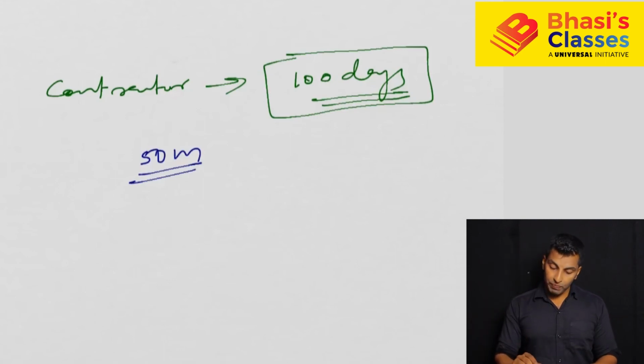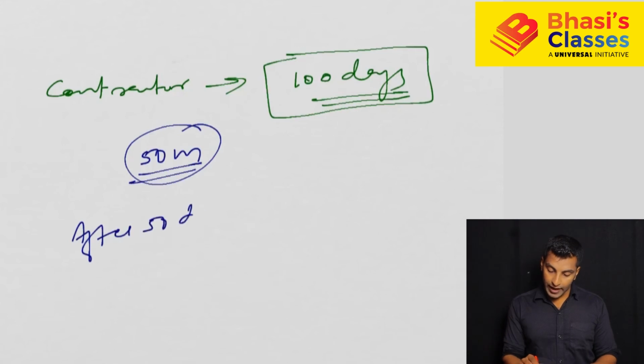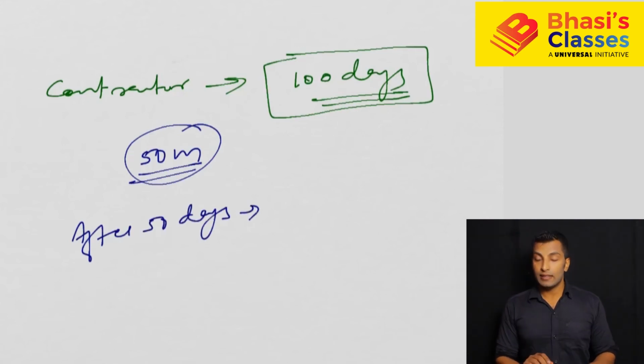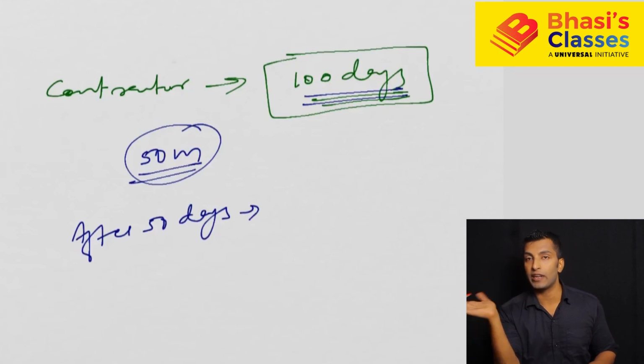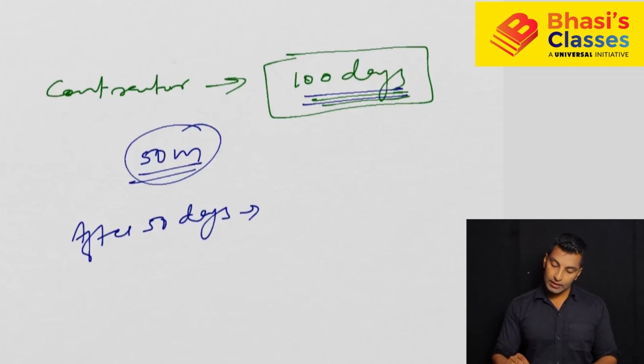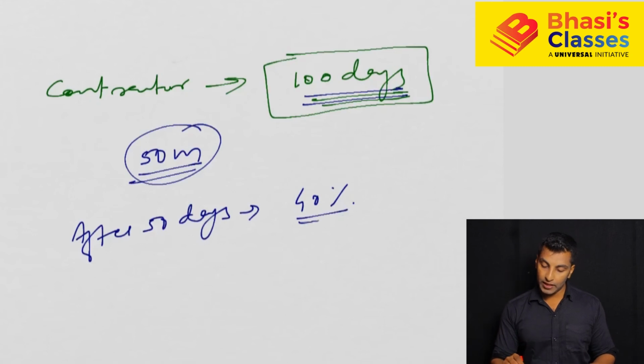But after 50 days, he realized that to complete the work in 100 days, by the 50th day you should complete 50%. Then only in the next 50 days can you complete the rest of the 50%. But you were able to finish only 40% in 50 days.